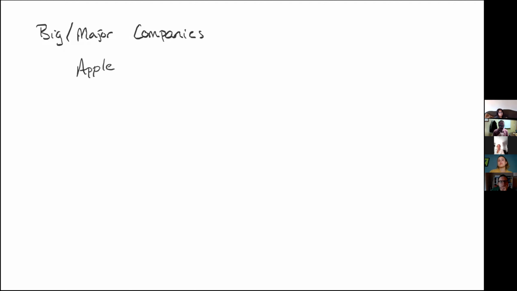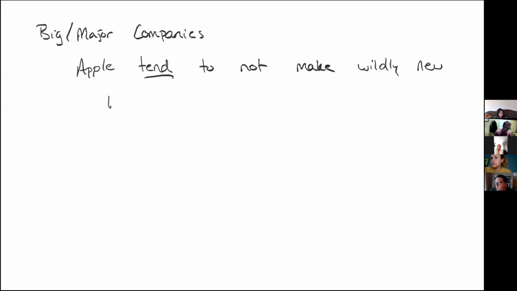So here's what I'm trying to get at: for the most part, companies that are big and major, like Apple, like Google at some level, tend to, and this is a tendency, not an iron rule, not make wildly new products. Yes, they make their current product line better every single year. There's no denying that.